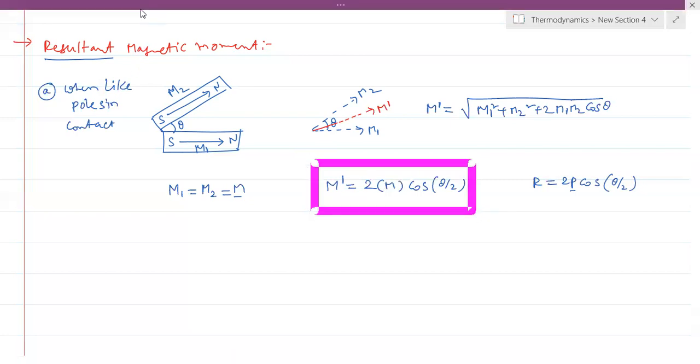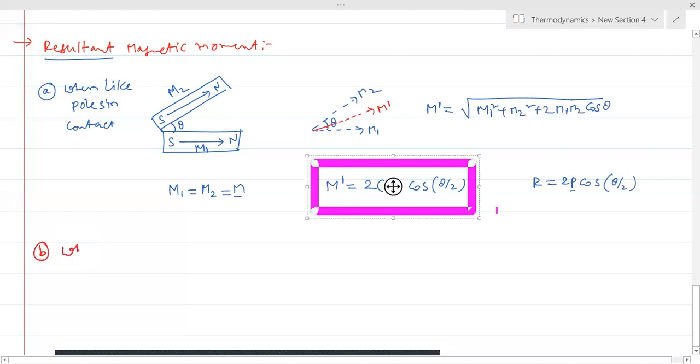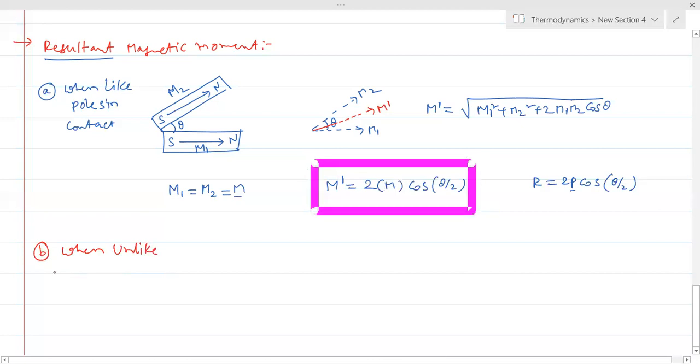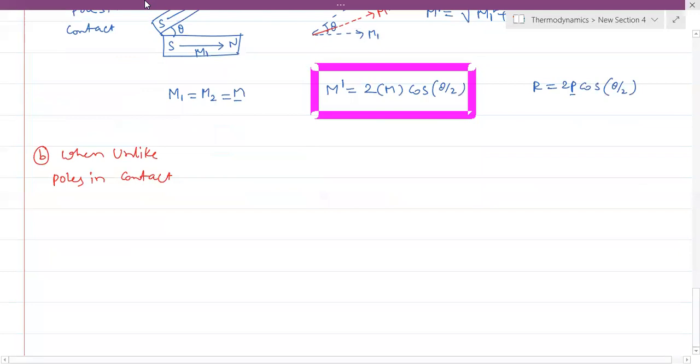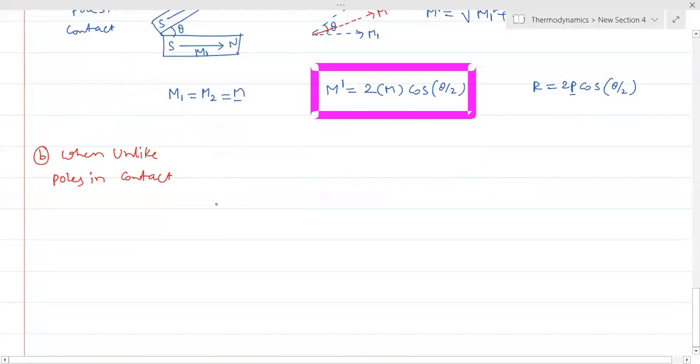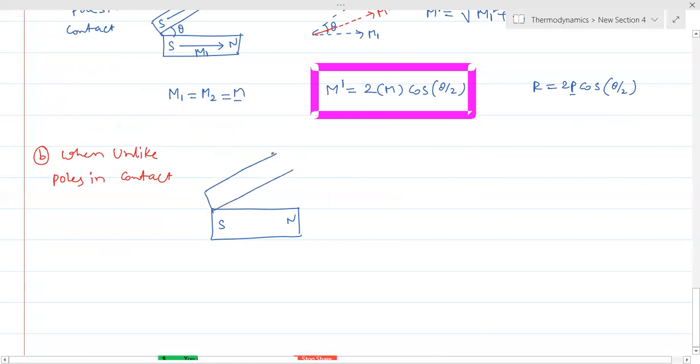For example, whenever unlike poles of two magnets are in contact. Suppose I am taking this as a bar magnet with a south pole and a north pole, and this is another bar magnet.